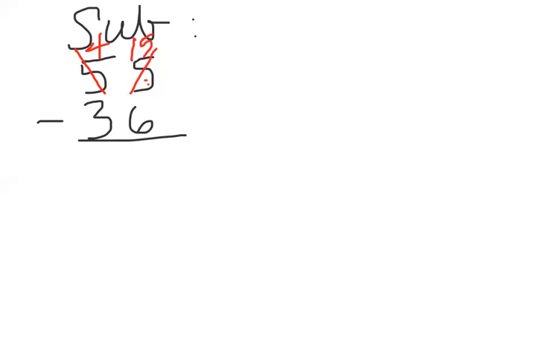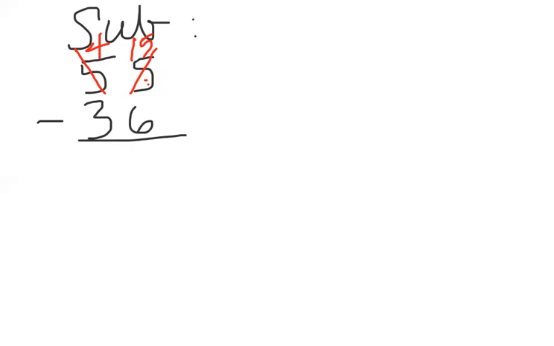So that 1 that you borrowed is equivalent to the base. What's the base? Base 10. Because if we had a 3-digit number and we borrowed, we would still be borrowing 10, not 100. So the 1 that you borrowed is equivalent to the base.